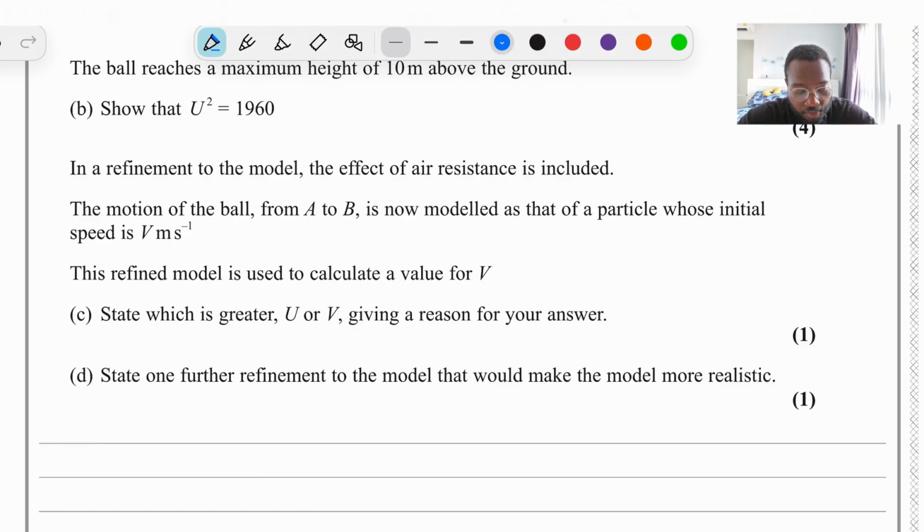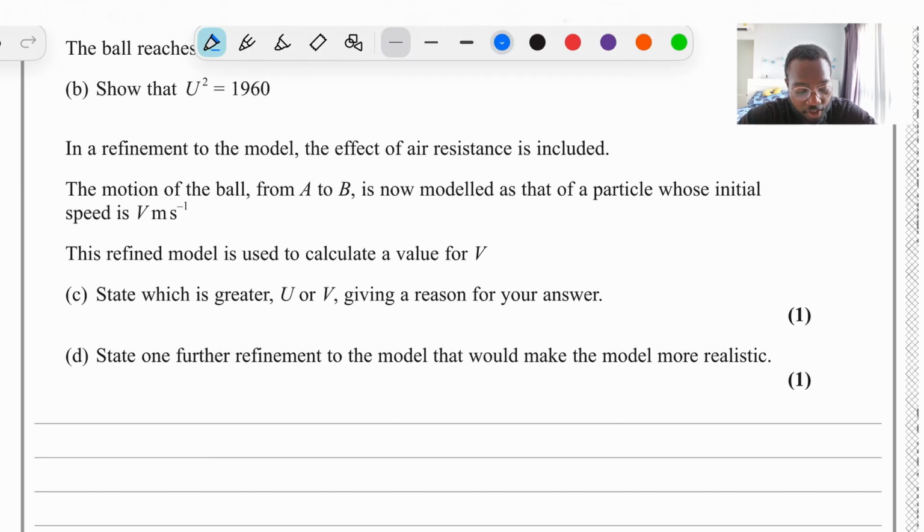If something is traveling and has air resistance, and it's still going in the same course or direction, then v has to be bigger, the speed with the air resistance, because it has to overcome the air resistance to get to that same motion. Therefore v is greater because it has to travel at a faster speed to overcome the air resistance.